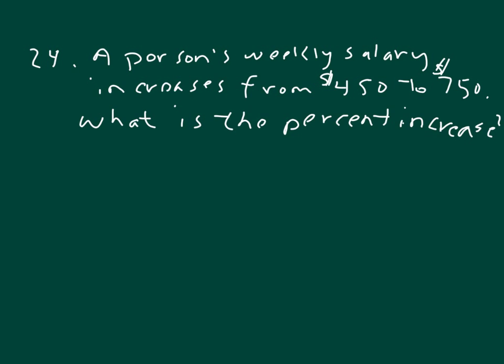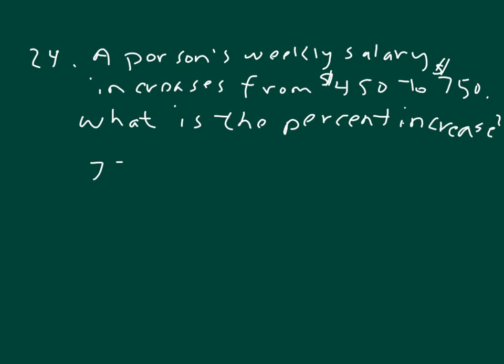A person's weekly salary increases from $450 to $750. What's the percent increase? So we have to find out how much it changed, because our formula would say that percent increase equals the amount of the change compared to the original amount.